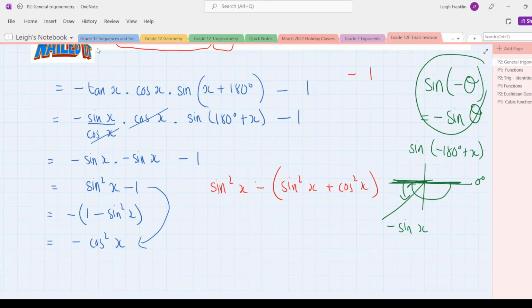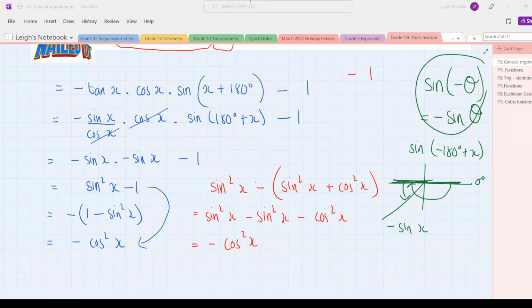Then you would end up with sine squared x minus sine squared x minus cos squared x. And obviously anything minus itself would be 0, and then you would end up with minus cos squared x like that. That would be your alternative. But I wouldn't leave out factorizing out the negative. I would have that in there.